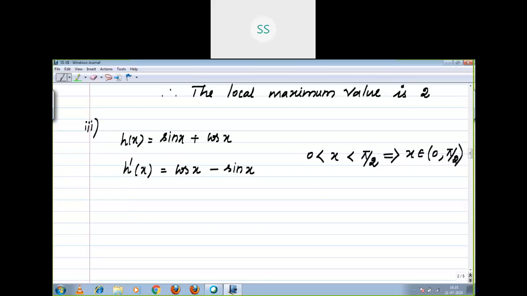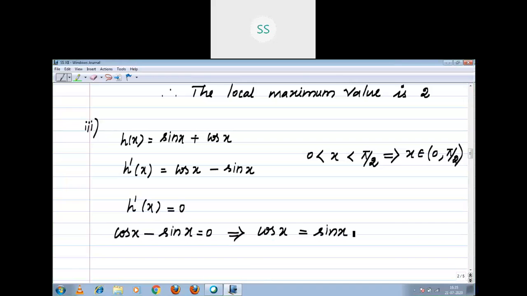Now the next step, you have to equate the derivative with 0. Then cos x minus sin x equal to 0, which implies cos x equal to sin x. When the two trigonometric functions are equal, at what angle are they equal?